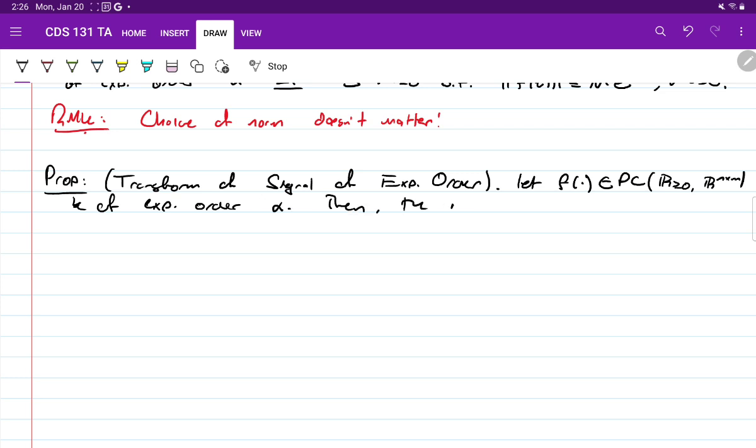Then the region of convergence contains the set of s in C such that the real part of s is going to be greater than alpha. All right, so this set is contained within the region of convergence.